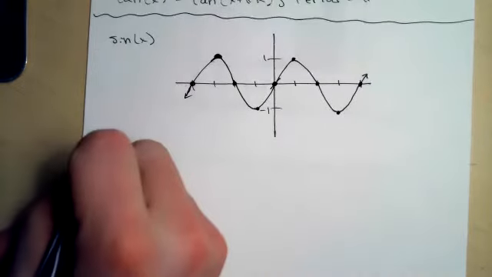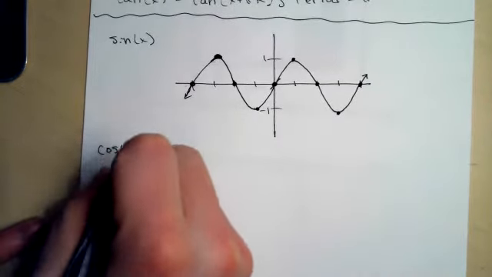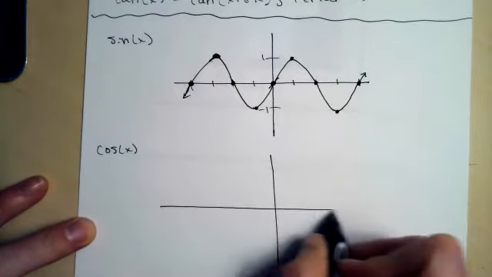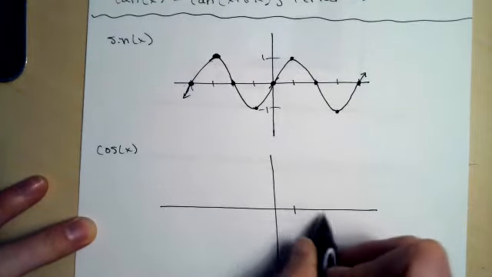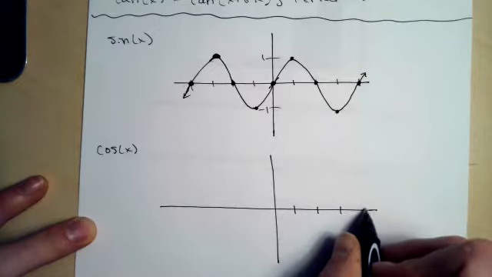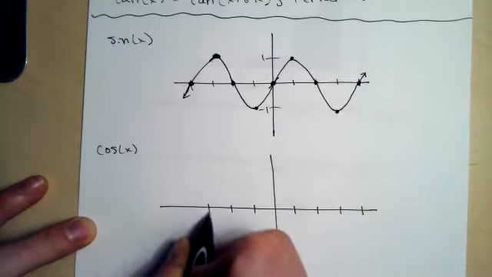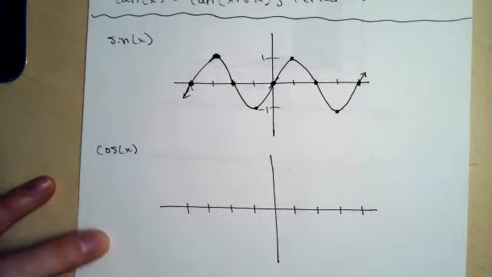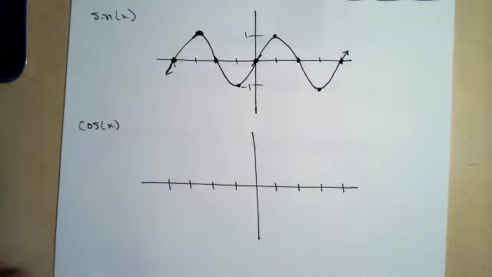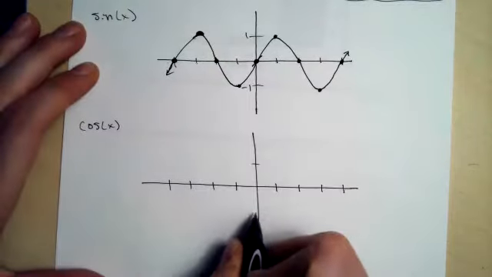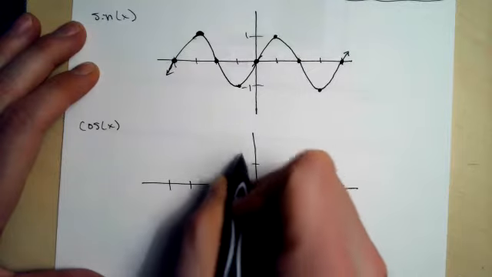Cosine, we're going to do similarly. So we've got our 4 tick marks either side of the axis. We're going to draw plus and minus 1 on the vertical axis.